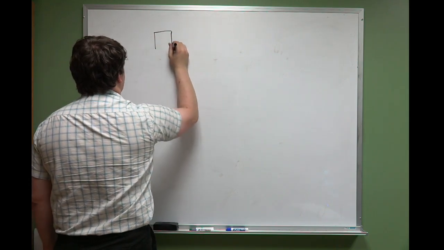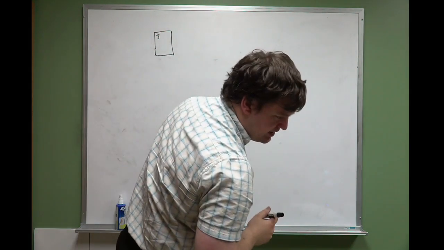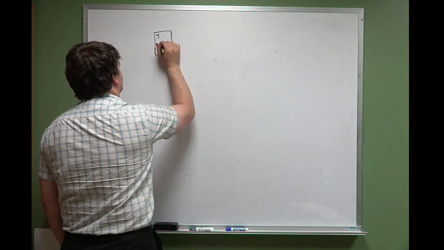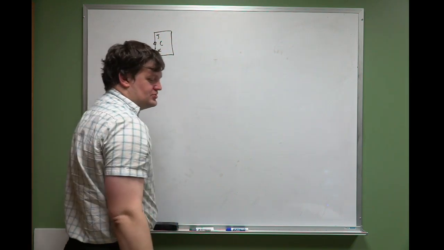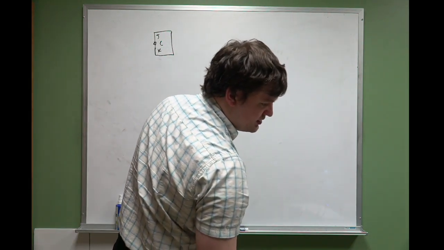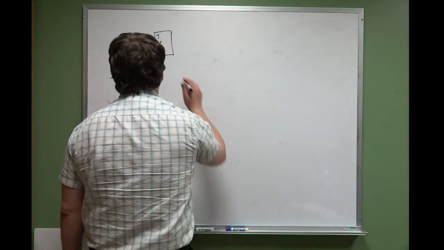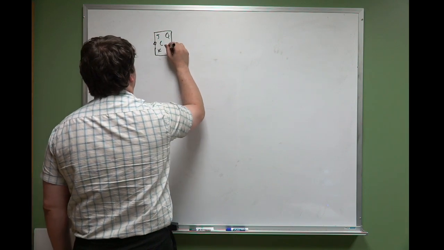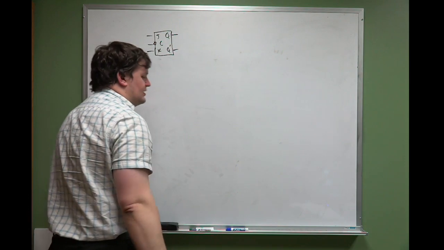But with a JK flip-flop, you have J, you have K, here's your clock. There's actually a special thing on the chip that shows where the clock is. And then you have your Q and your Q not coming out. Okay.